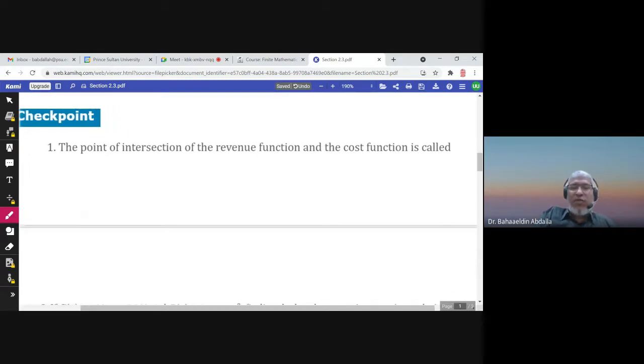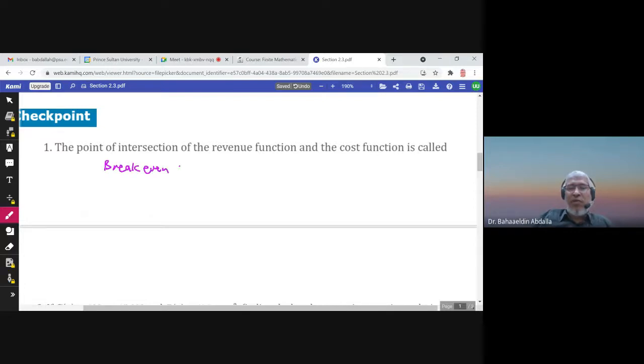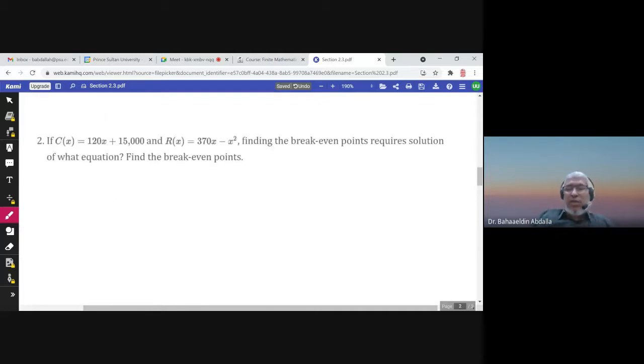So the point of intersection of the revenue function and the cost function is called the break-even point. Intersection between revenue and cost is the break-even point. This is the cost function.